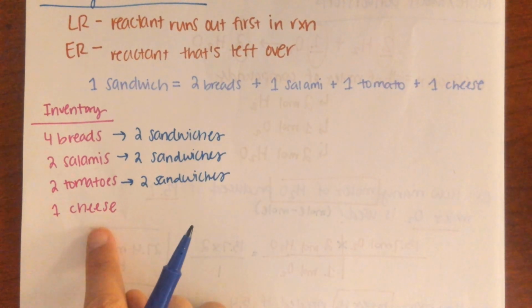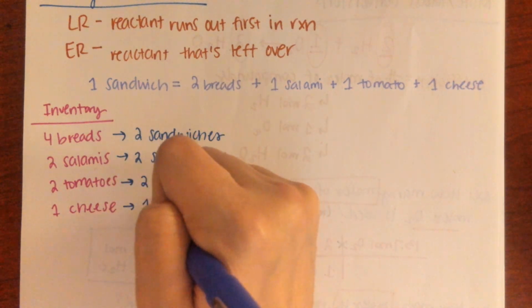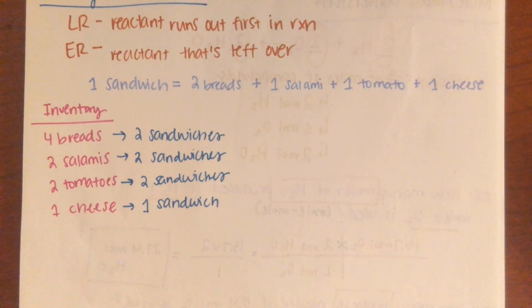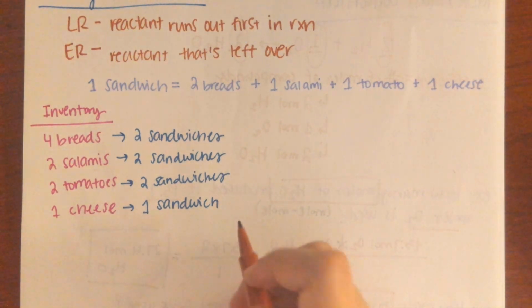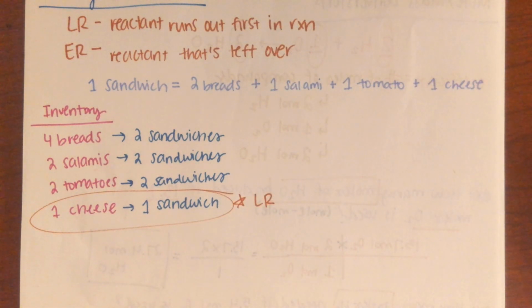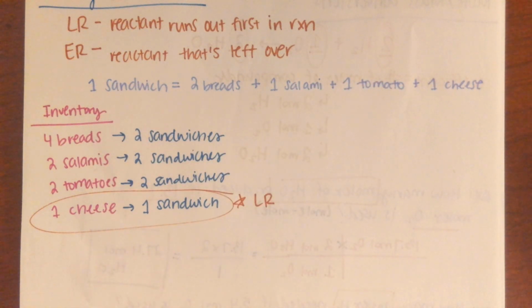Alright, I have only 1 cheese, and I can only make 1 sandwich with this 1 cheese. So which one would be my limiting reactant? It would have to be the cheese, because once I run out of the cheese, I'm basically stumped. I can't make any more sandwiches. I have these extra ingredients left, but I can't make a full sandwich, unless you want to make a sandwich without a cheese. So that is basically how you solve for that when you have a food situation, okay?